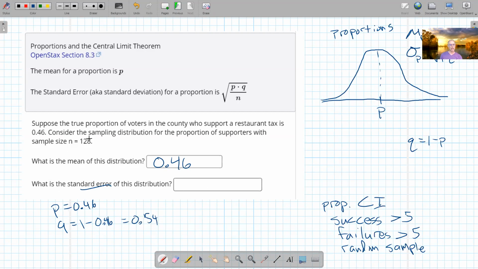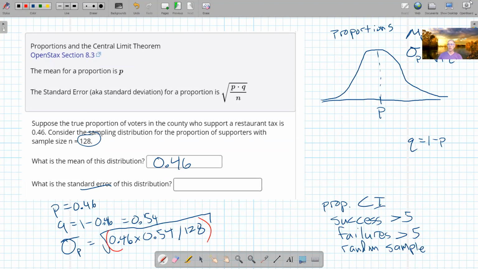And then I need n, which is 128. So for the standard deviation or the standard error, I would call that sigma with a little p. That would be 0.46 times 0.54 divided by the 128. And all of that is inside a square root. So depending on your calculator, you may need parentheses around that.